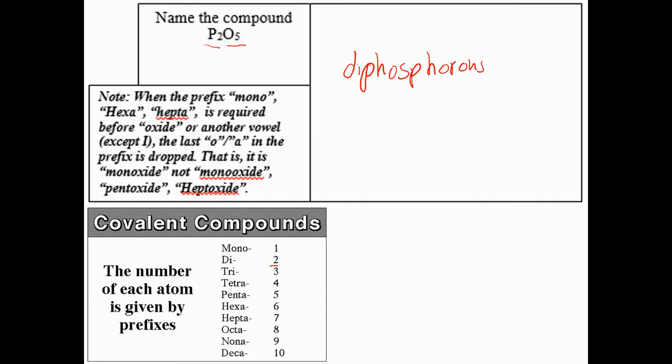So we have diphosphorus pentoxide, because there's five. The reason I didn't put pentaoxide is because there were two vowels following each other, the A and the O. So I took off the A from the penta. So pentoxide instead of pentaoxide.